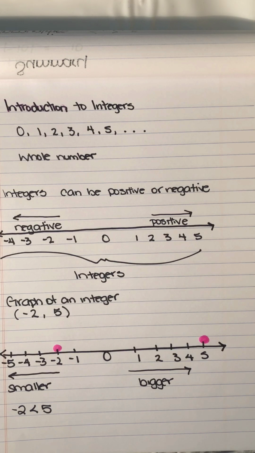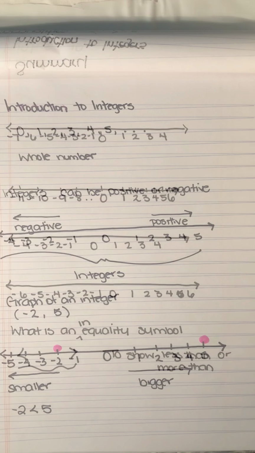Just how you would read a regular book, you read math problems from left to right. I'm going to teach you what this inequality symbol, this little symbol that's between the -2 and 5, really means, and how you can definitely differentiate. What are you reading? How would you know?